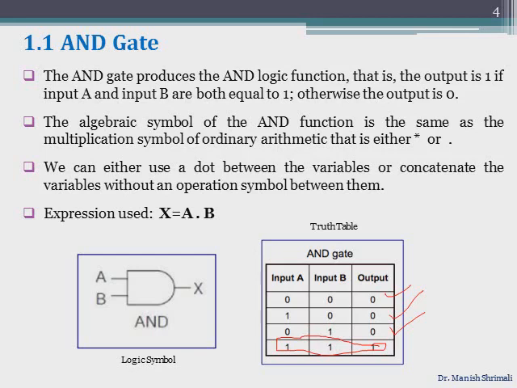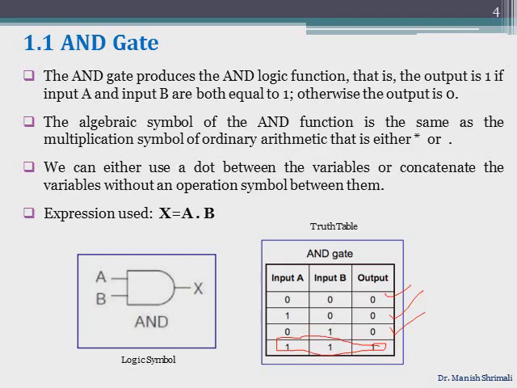In the rest of the cases this is 0, this is 0, and here it is 0. In any other case, the AND gate produces the output as 0, and it produces output 1 only and only when all the inputs are 1. So this is the main property of the AND gate.